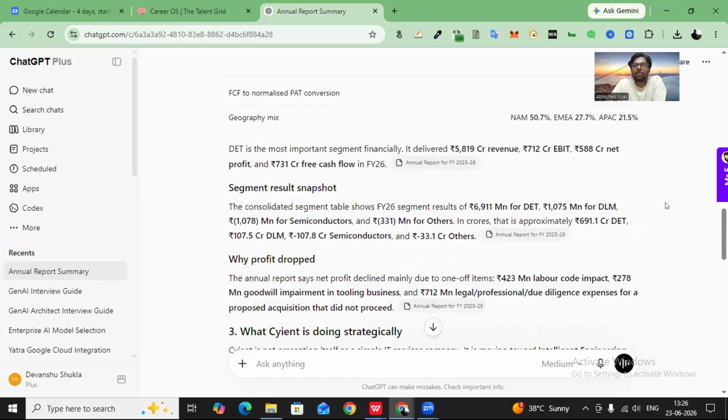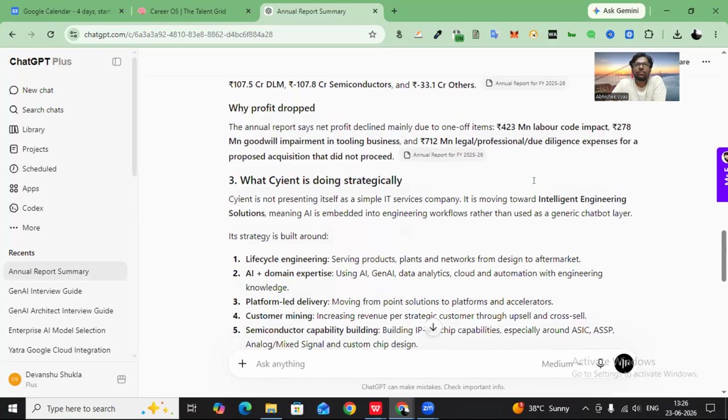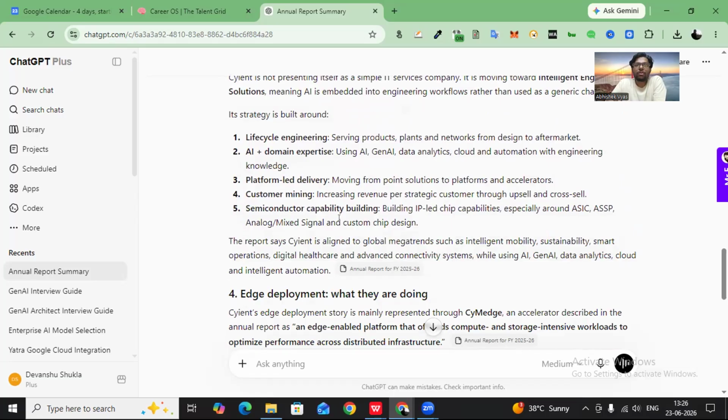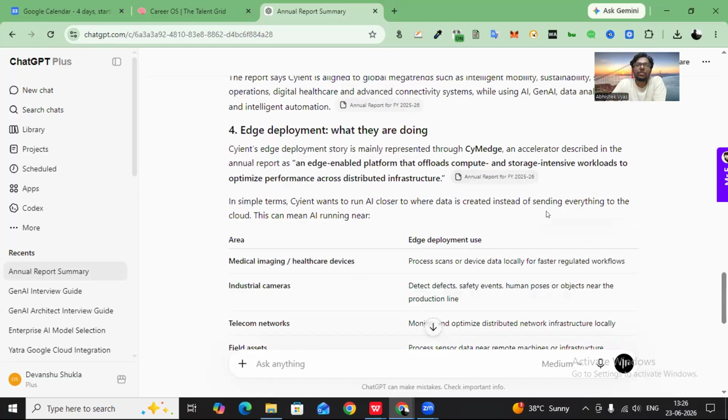Okay. Now, this is a quick overview of what numbers they are doing, what kind of segment they are into, and how they are using edge deployment. So what they are doing in the edge deployment part, let's have a quick understanding. Cyient's edge deployment story is mainly represented through their product CyMedge. Okay.